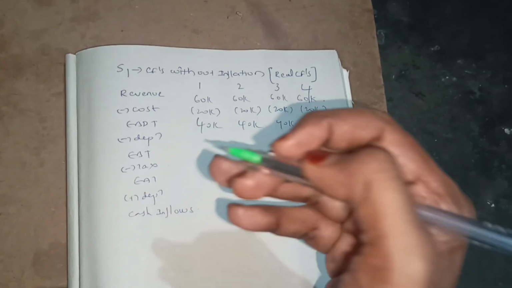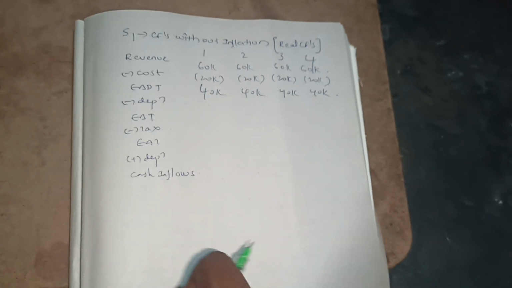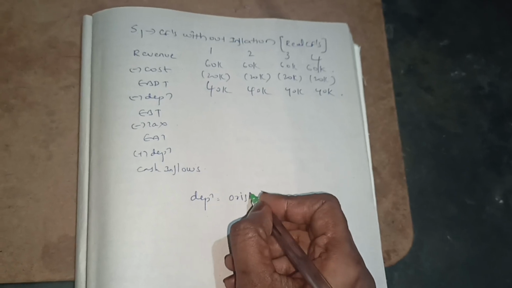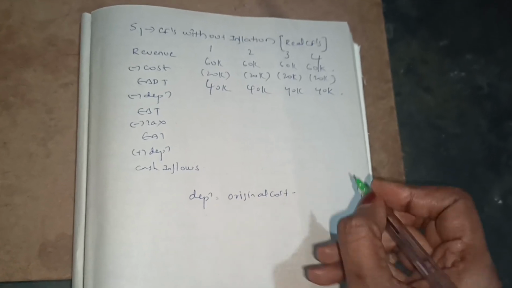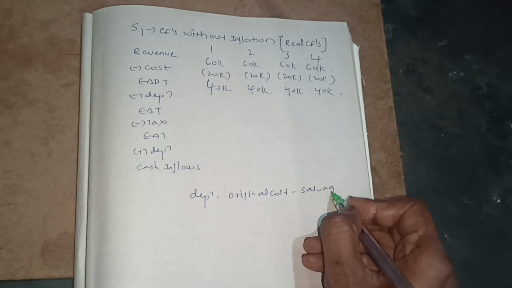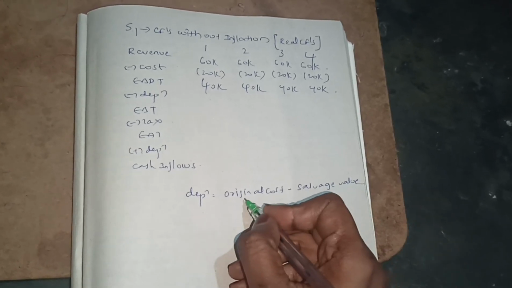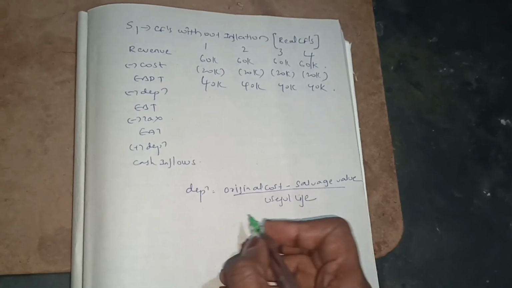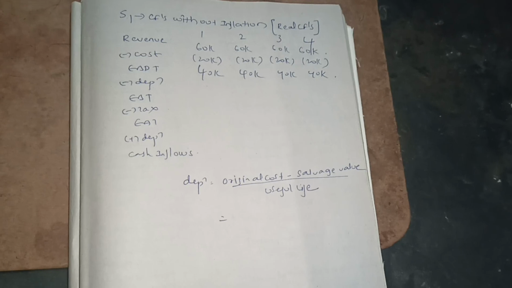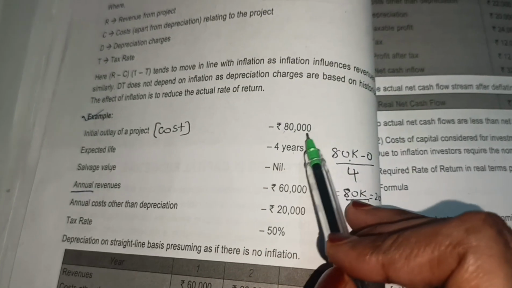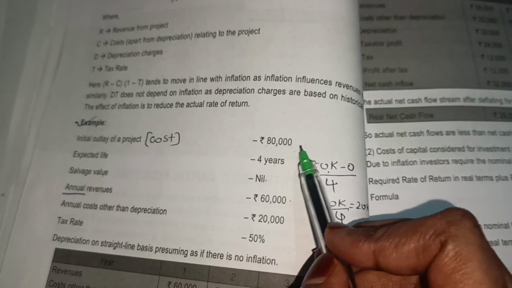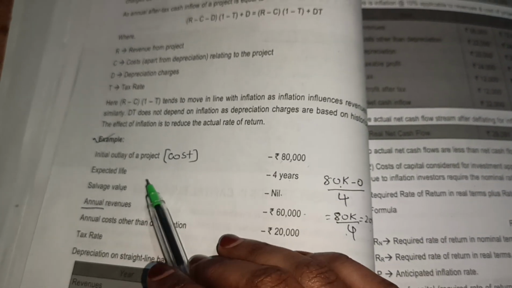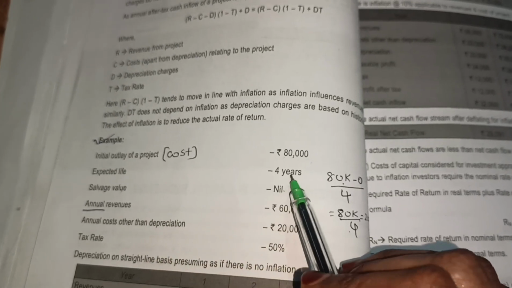Now, depreciation is not directly given in the question, but we know one formula to find the depreciation. What is that? Original cost minus salvage value divided by useful life. Original cost or initial cost, one is the same, which is given as 80,000, and salvage value is given as nil, and expected life or useful life is given as 4 years.